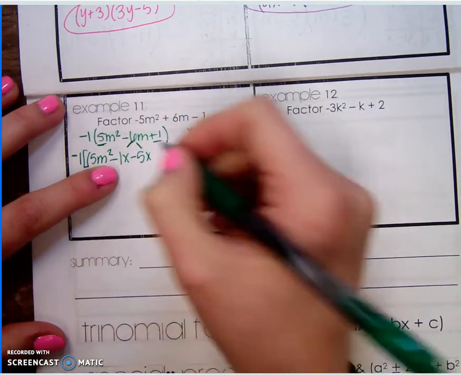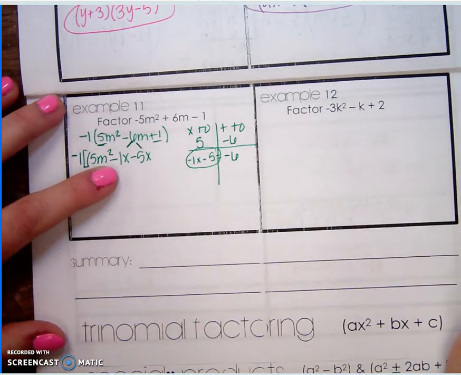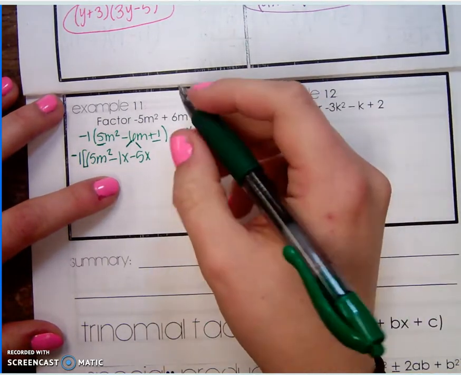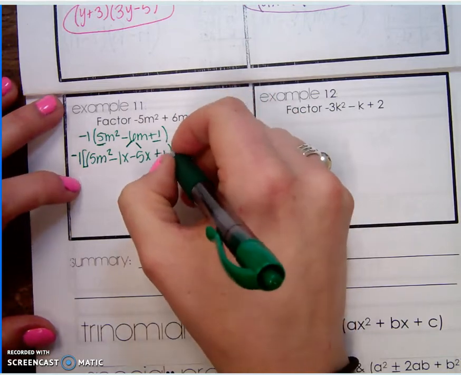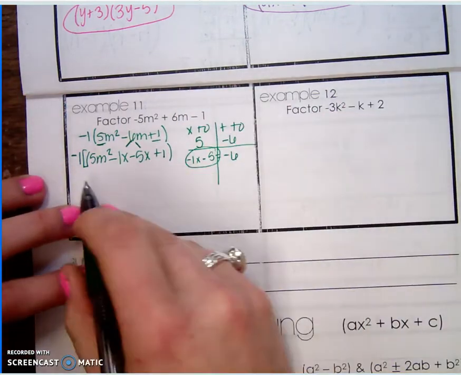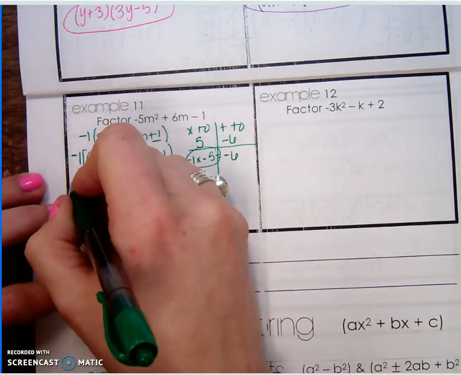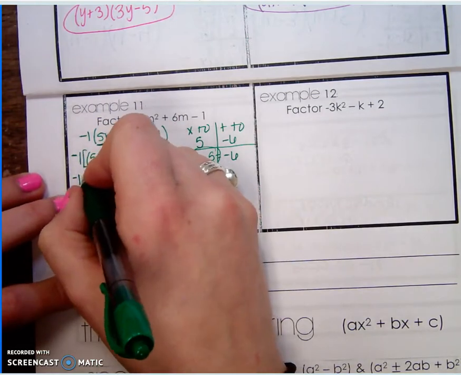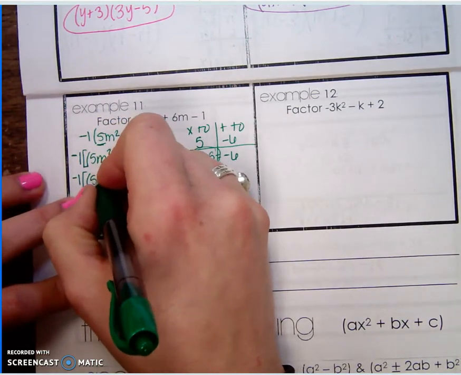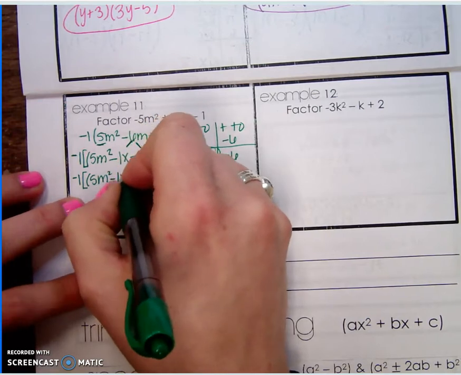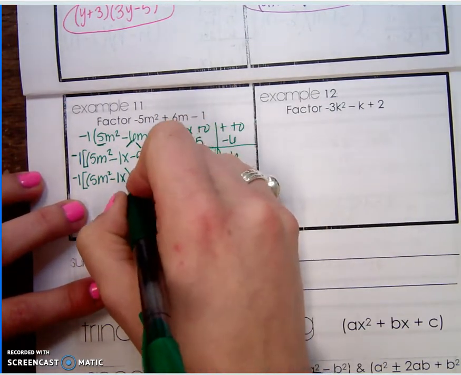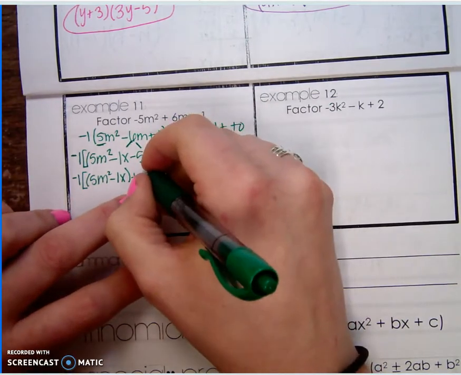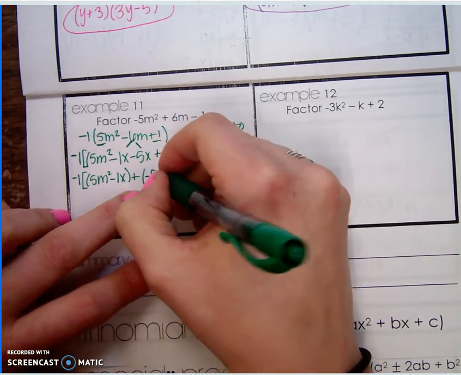That negative 6 split into two different terms then. And then I have still my plus 1. Okay? Now split these into, again, two binomials. Negative 1 times 5m squared minus 1m. And then I'm going to add it to the second one, negative 5m plus 1.